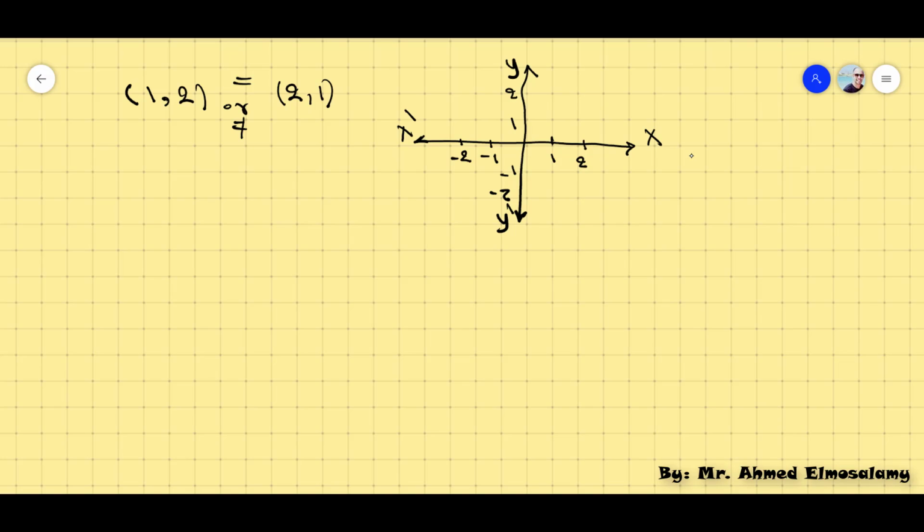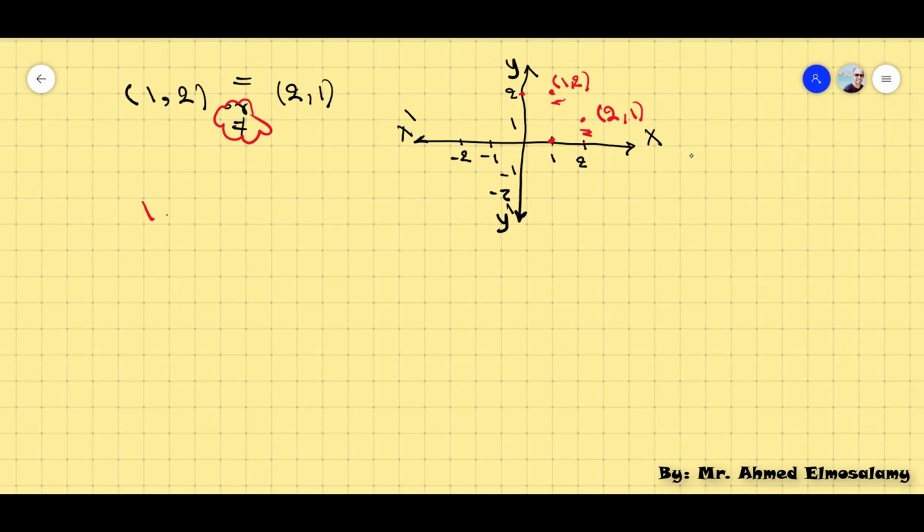By representing the first point 1 and 2 in the Cartesian plane, from 1 go to 2. So the point here is 1 and 2. Then represent the second point 2 and 1: from 2 go to 1. This point equals 2 and 1. Is this point equal to this point, or located in the same place? No. So 1 and 2 is not equal to 2 and 1.